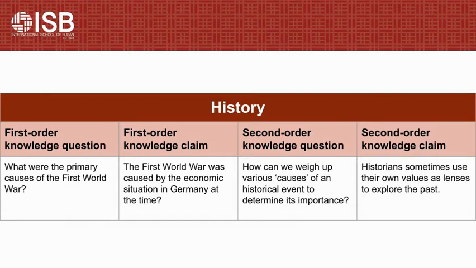And again, here is what a second-order question may look like. Notice that the second-order knowledge claim states that historians sometimes use their own values as lenses to explore the past. This is how we know in history.